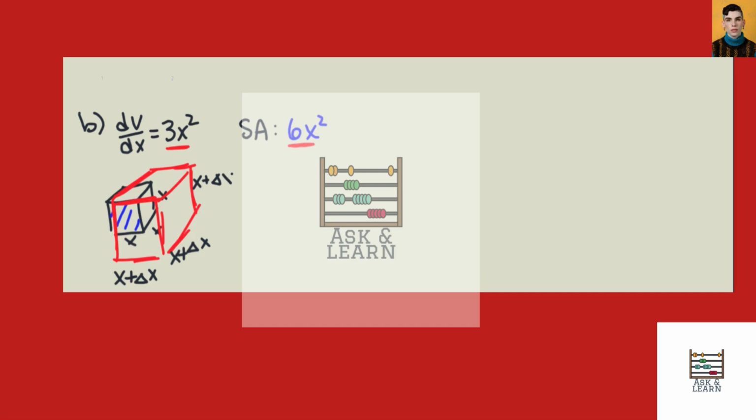So the new volume would be x plus delta x quantity cubed, and the old volume was just x cubed. So the change in volume is the new volume minus the old volume. And let's work that out algebraically.